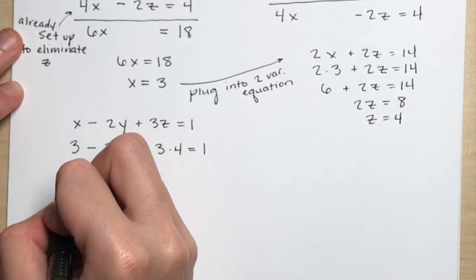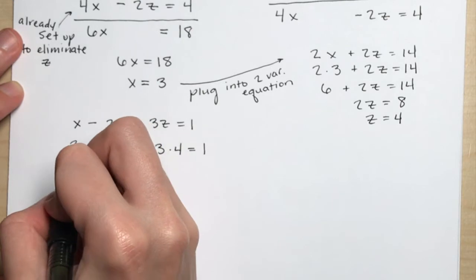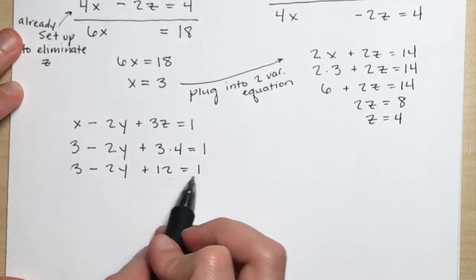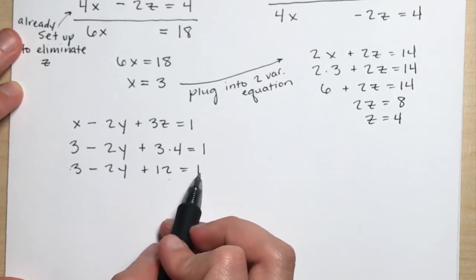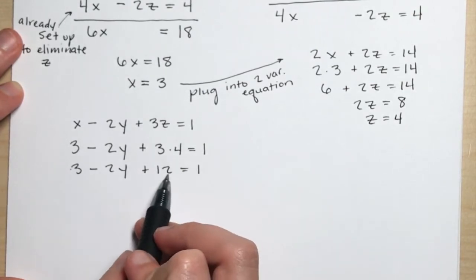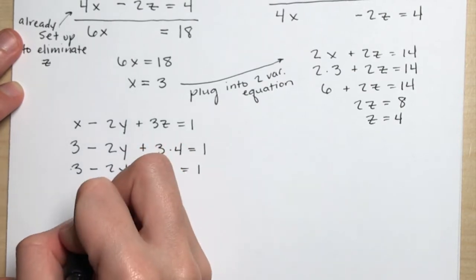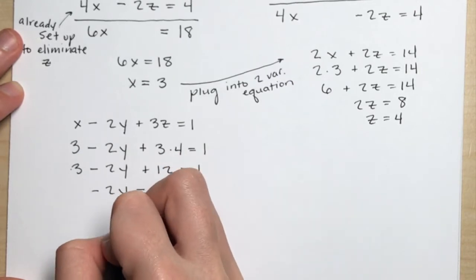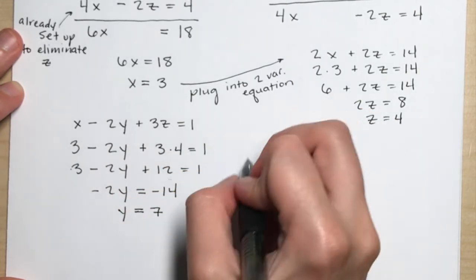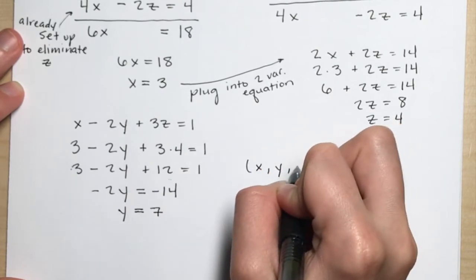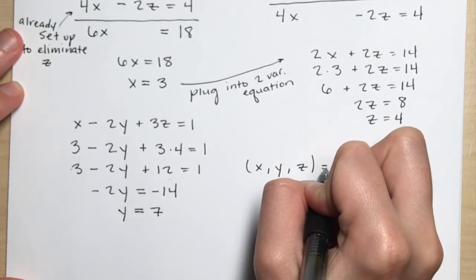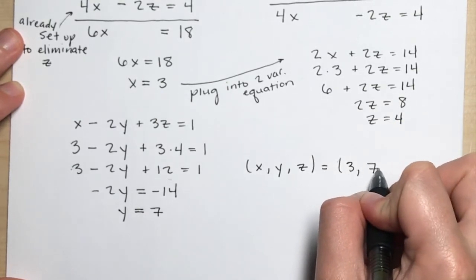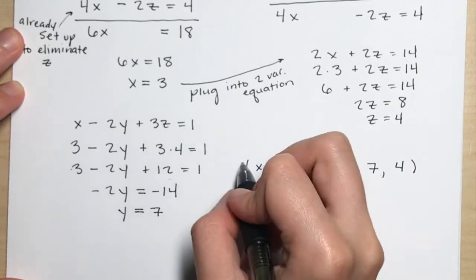So I've got 3 minus 2y plus 12 equals 1. I bring both of these over, so I'm subtracting 1 minus 3, so negative 2, minus 12, so negative 14. I have negative 2y equals negative 14, so y is 7. The answer to this 3 variable system is x, which is 3, y, which is 7, and z, which is 4.